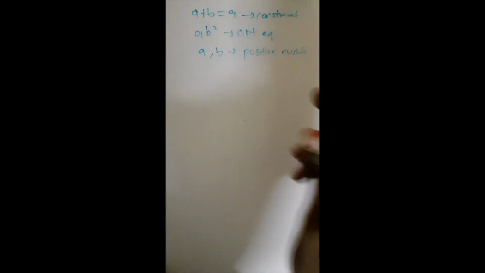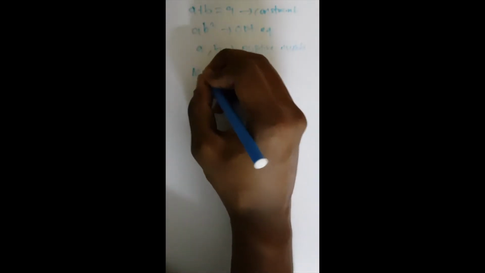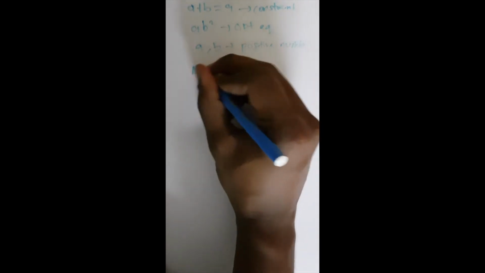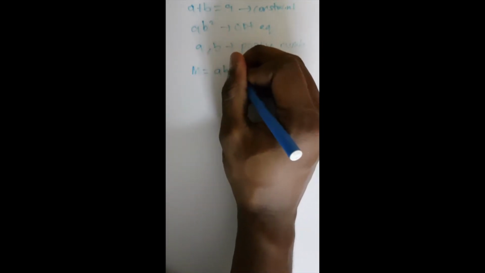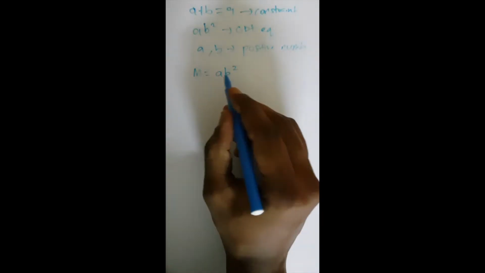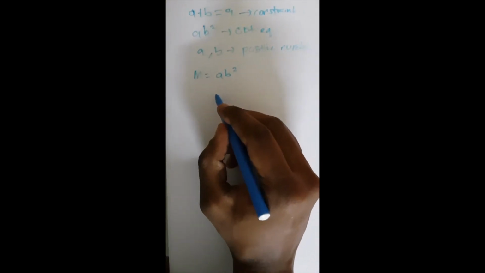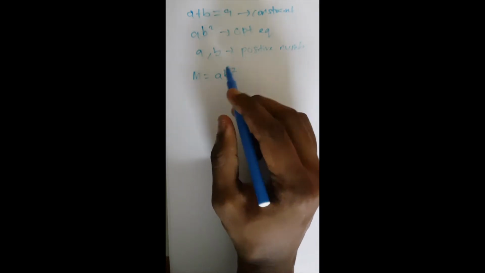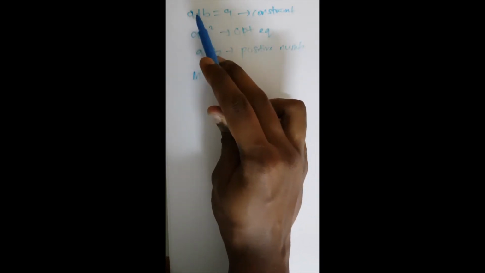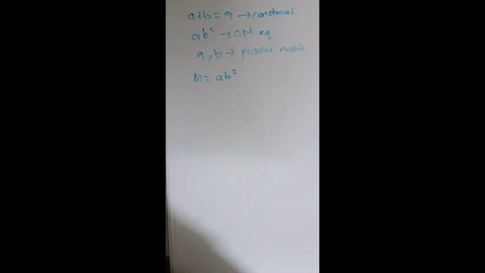So the goal of this is that, let m be the optimization equation. The goal is to differentiate this equation and then find the critical value, substitute that into this equation, and we'll find the values of a and b.